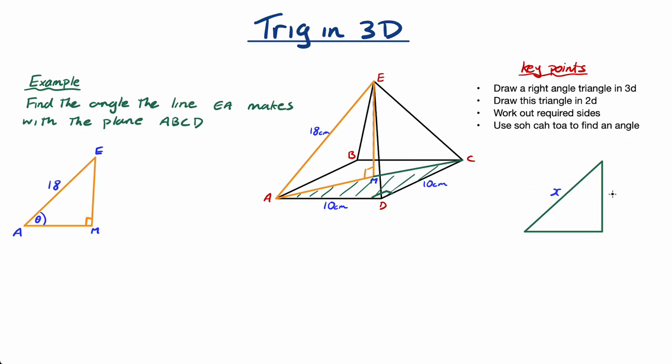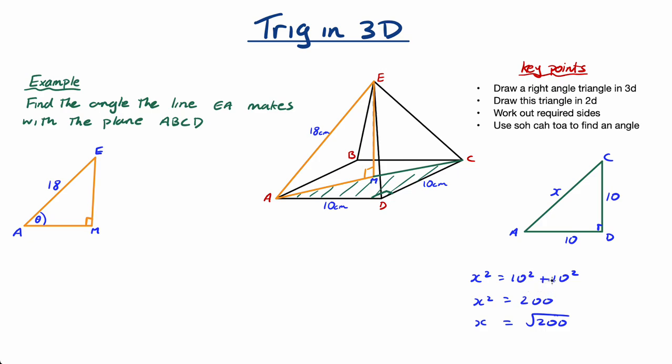So let's call it x. This is x, this is 10, this is 10, this is the right angle, this is A, D, C, like this. X squared is equal to 10 squared plus 10 squared. X squared is 200. X is equal to the square root of 200. I'll leave it like that for now.